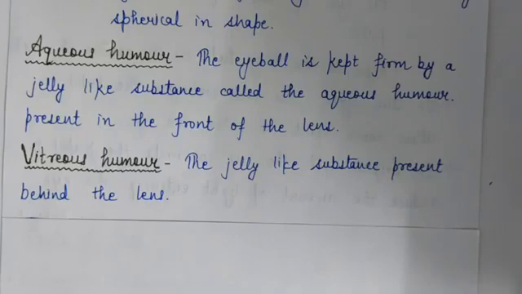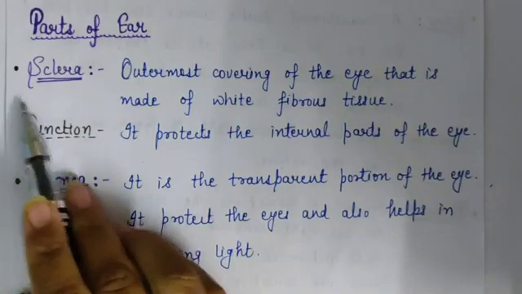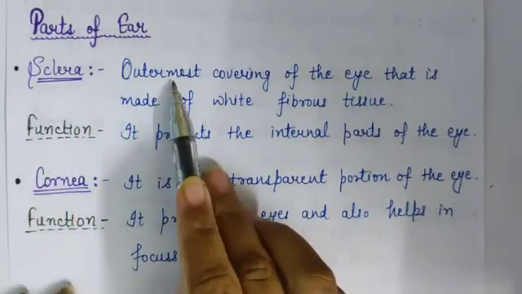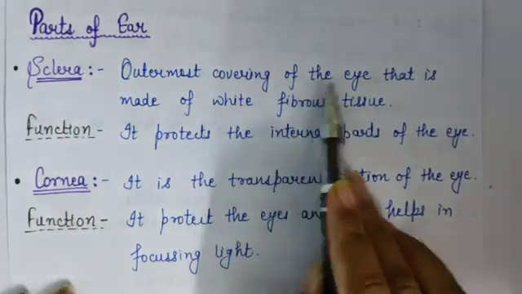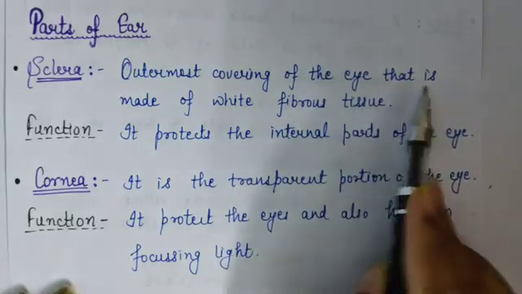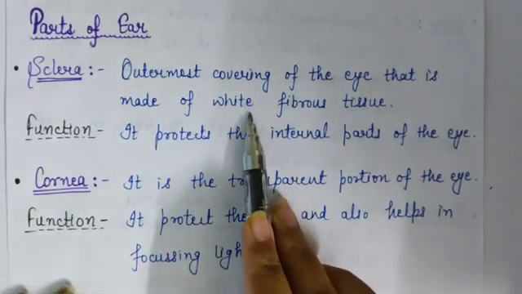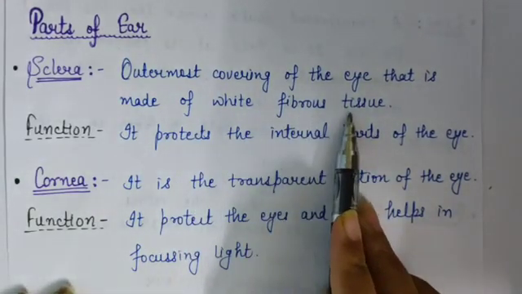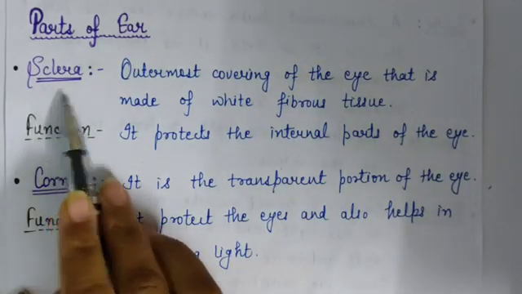So now let's study the different parts of an eye. It has many parts. First is sclera. It is the outermost covering of the eye that is made up of white fibrous tissue. And what is the function of sclera?